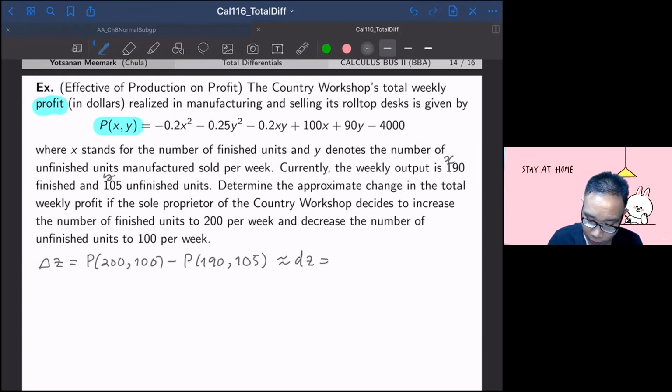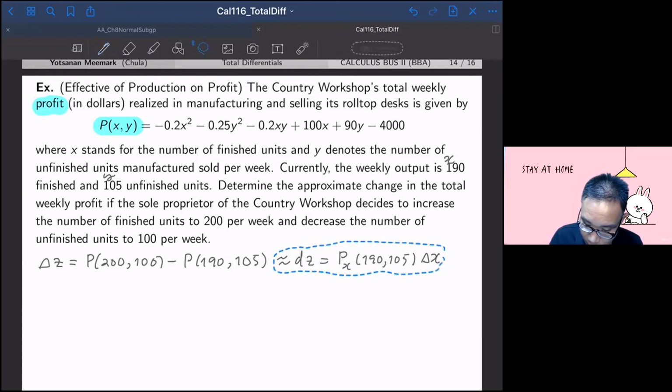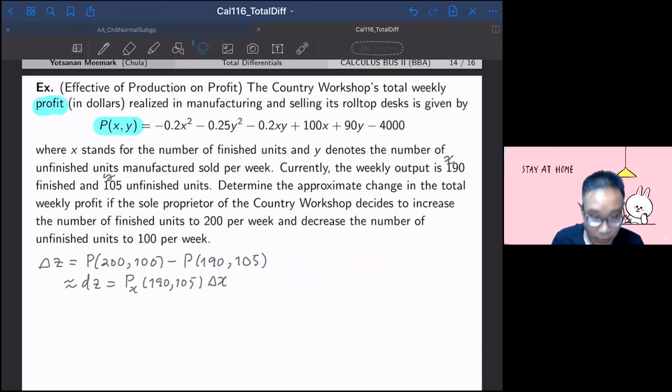So your dP will be Px at (190, 105) times delta x, plus Py at (190, 105) times delta y. In order to find delta x and delta y, this one is your x, your y.